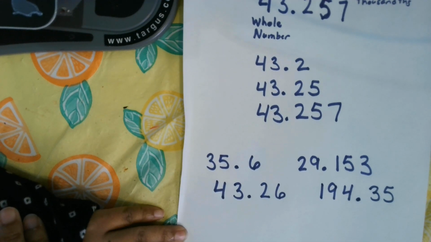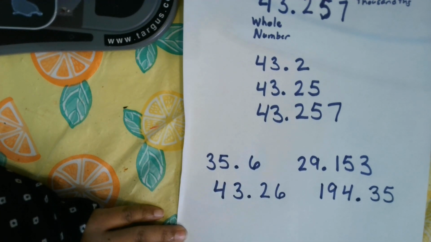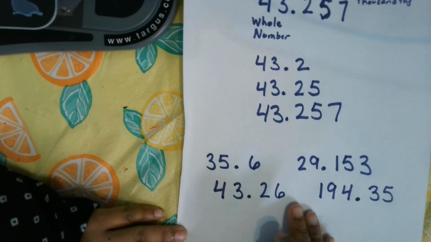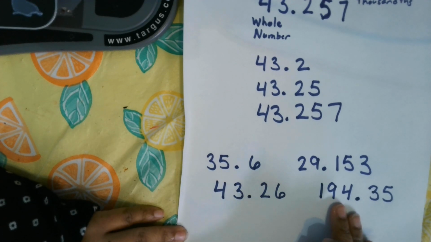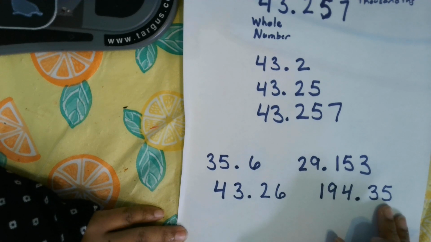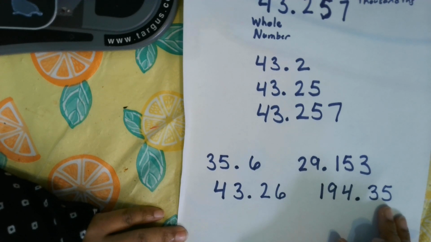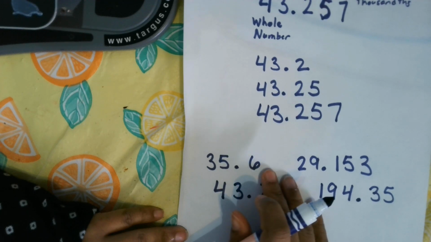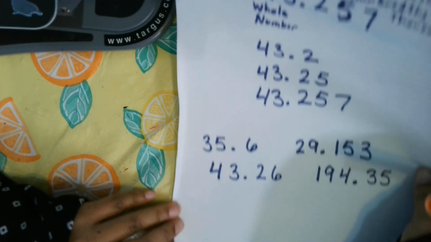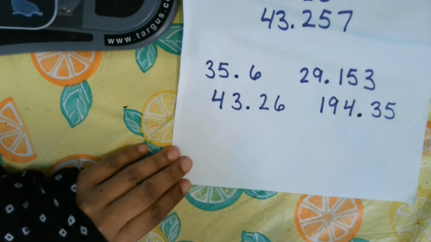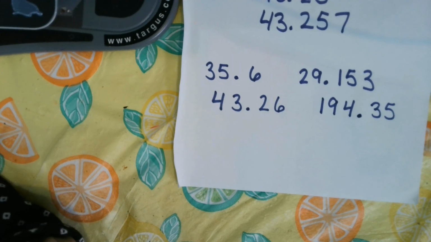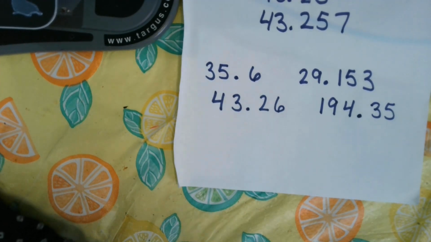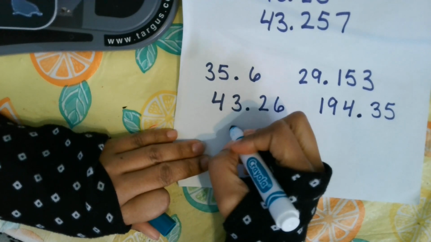Okay? Let's see. 194 and 35 hundredths. Now, the reason why it's important to pay attention to the last digit is because of the number 0. So let's look at some where the number in our decimal ends up being a 0.